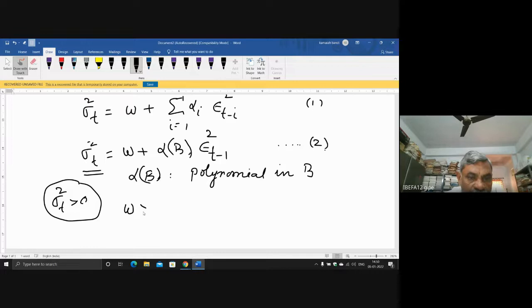It is essential that omega should be positive, alpha 1 should be positive, dot dot dot, alpha q should be positive. So this is what is known as the positivity restriction.